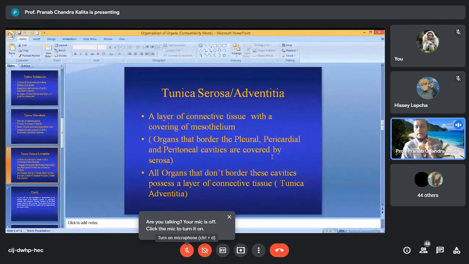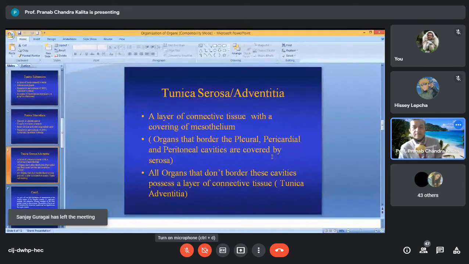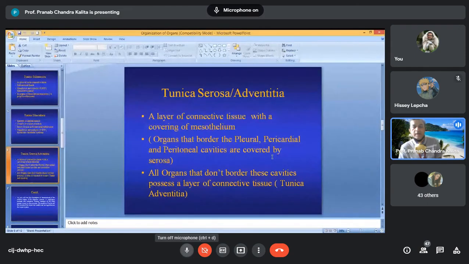In our neck part, which part of the esophagus will you find within our neck? Within our neck, this part of the esophagus will be termed as what?